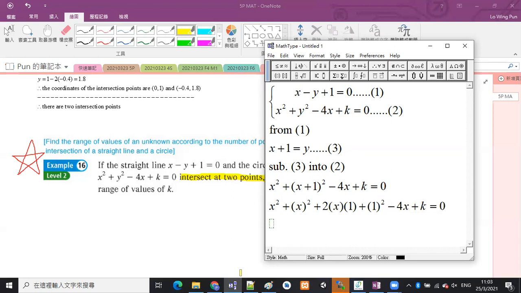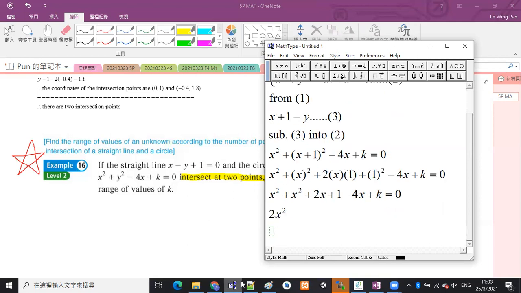And then simplify the terms. So we have x squared plus 2x plus 1 minus 4x plus k equals 0. And then calculate the like terms. So x squared plus x squared becomes 2x squared, and then 2x minus 4x becomes minus 2x. But this time we have an unknown, so plus 1 plus k for the constant term. So it will be plus 1 plus k equals 0.